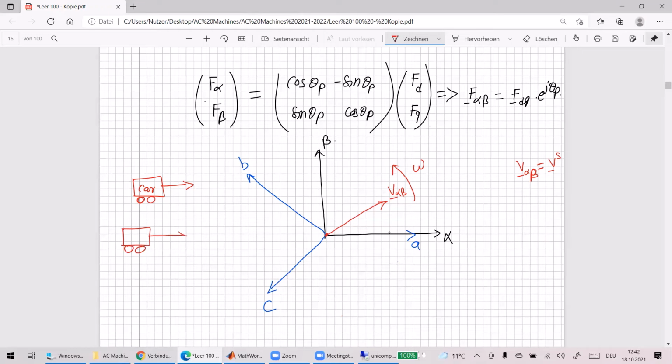They are moving in the same direction, but let's say the velocities are the same. So car 1 and car 2 are moving with 10 meters per second each.